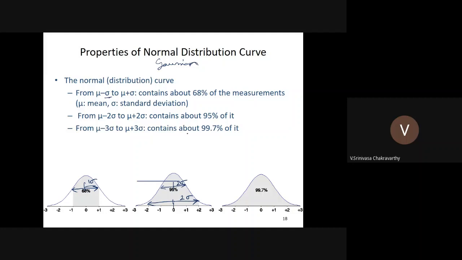Right, and if you go to 3 sigma, you get 99.7%. And you might have heard of this 6 sigma, right? If you go to 6 sigma on either side, it will be much smaller. So that is used in the context of quality control.